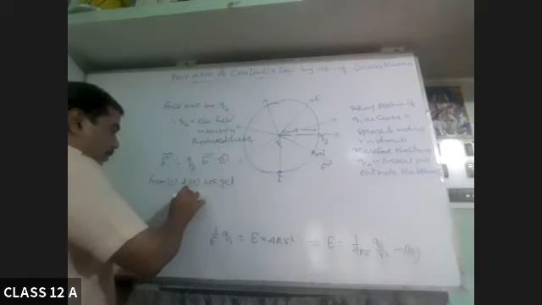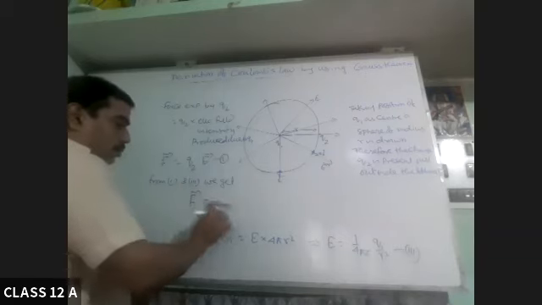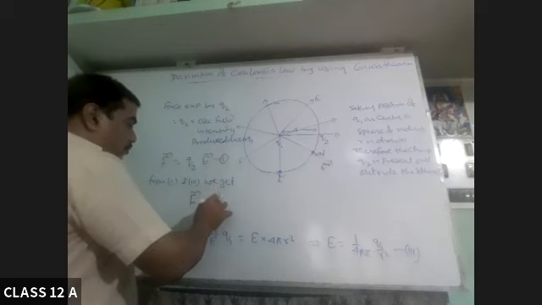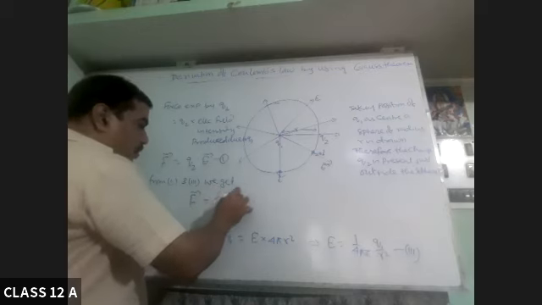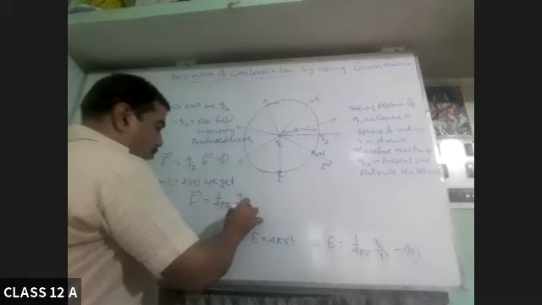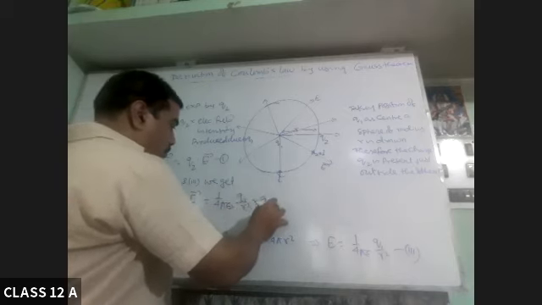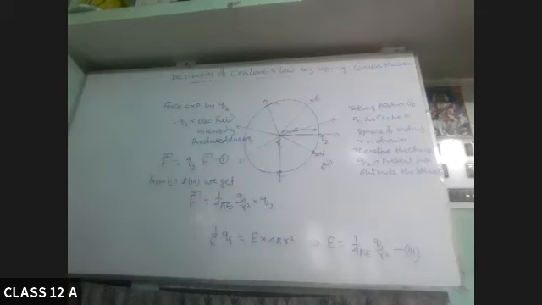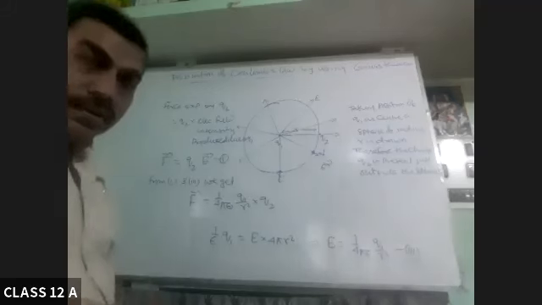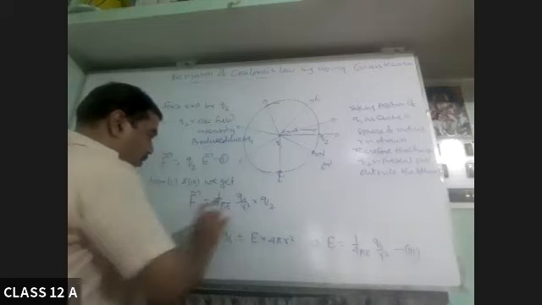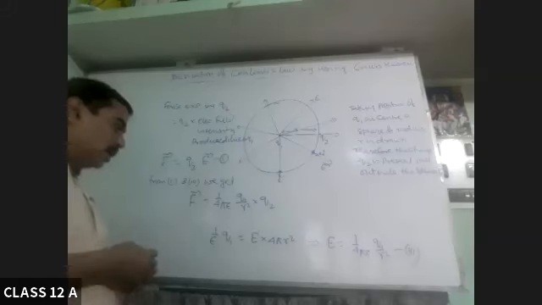This F will be 1 by 4 pi epsilon q1 over r square into q2. Sir, epsilon or epsilon naught? Okay, epsilon only. We have used epsilon only, not epsilon naught. So 1 by 4 pi epsilon q1 q2 over r square, and that is Coulomb's law.